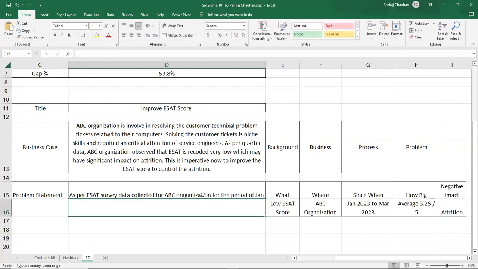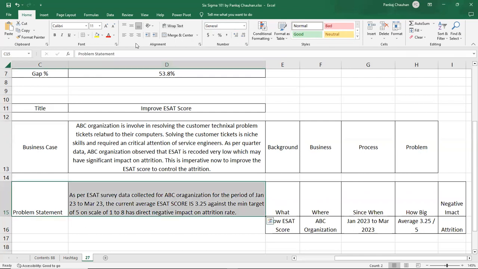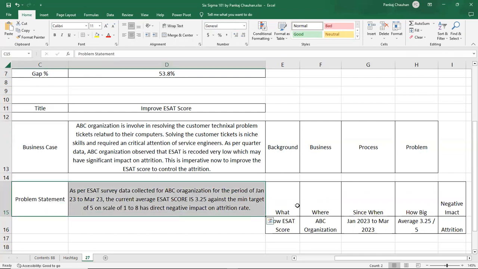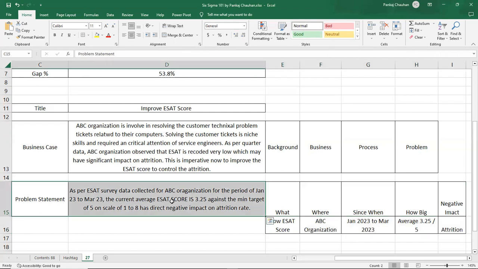Done. Once you write your problem statement like this, basically what I did, I just addressed the answers to these 5 words. Whatever the one word answer I received, I combined into one sentence and I see my problem statement is perfect now.